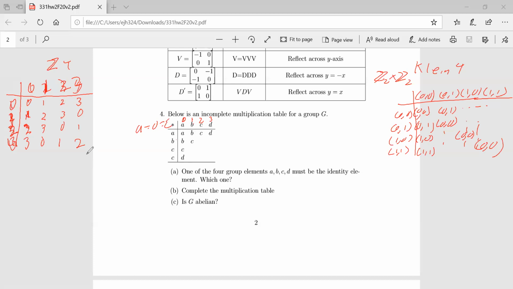Cool. So it's going to look basically like that. You just sub in your symbols. You're dealing with A, B, C, D instead of 0, 1, 2, 3. Does that make sense?